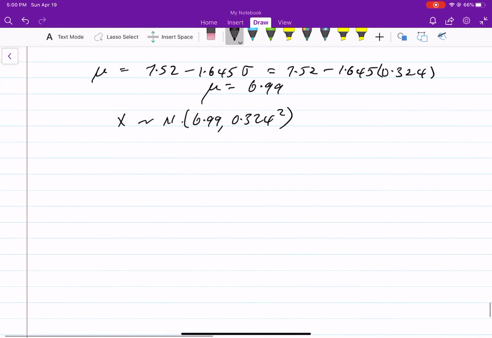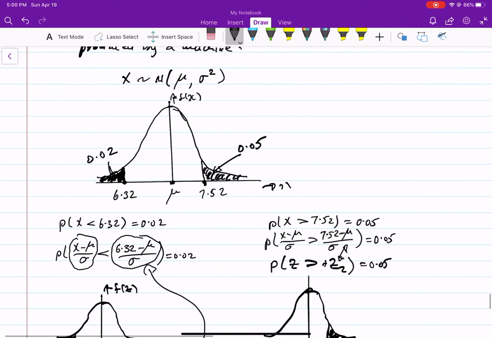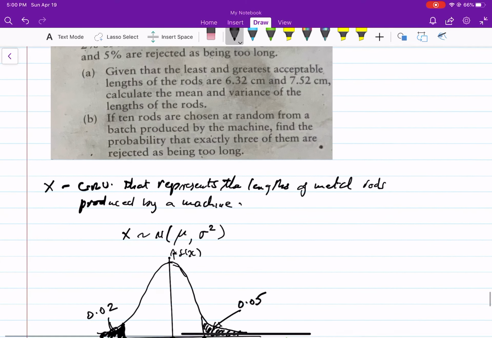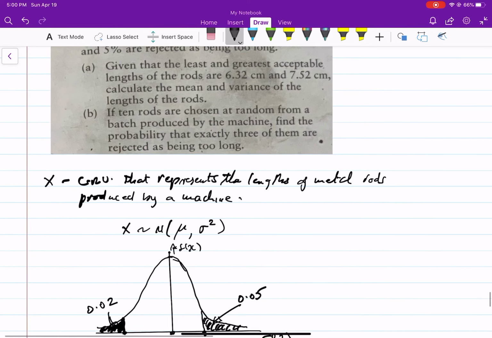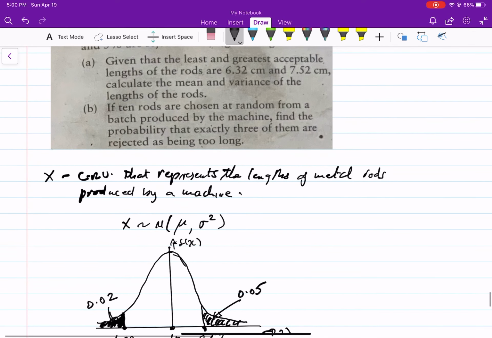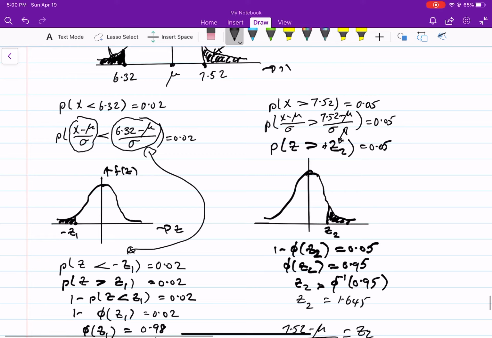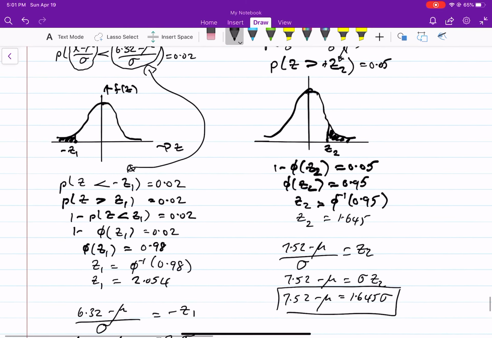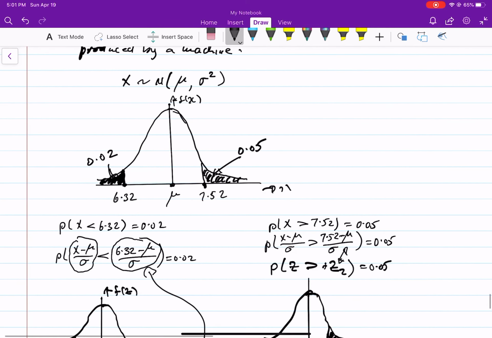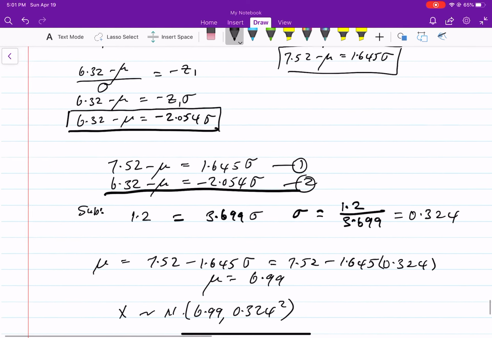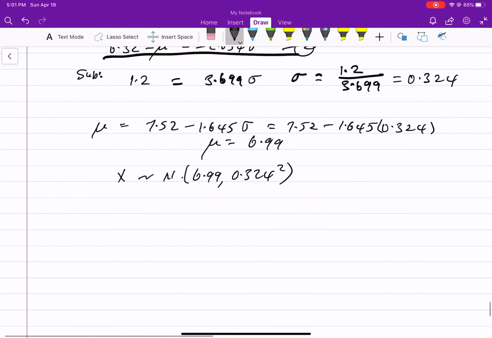The second part of the problem, what is that asking for? If 10 rods are chosen at random from the batch produced by the machine, find the probability that exactly 3 of them are rejected for being too long. Well, the probability of being rejected for being too long is 0.05.